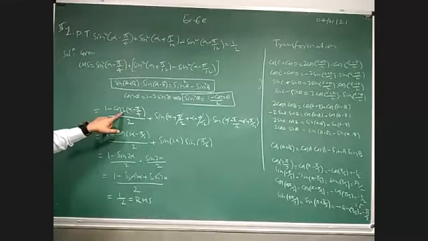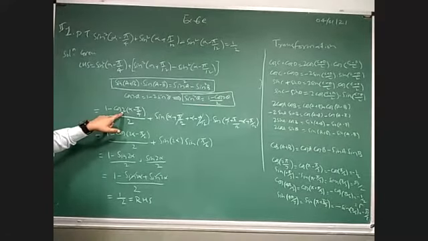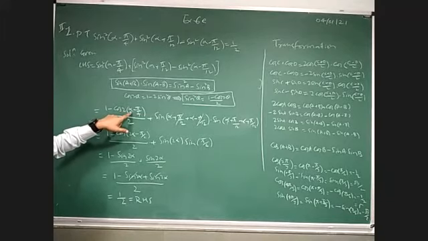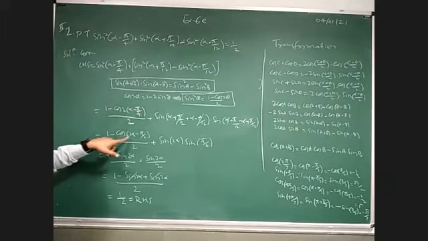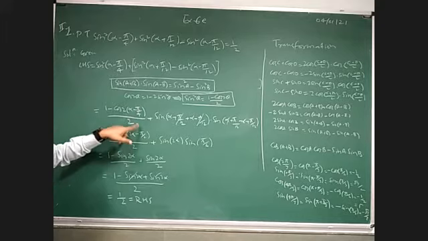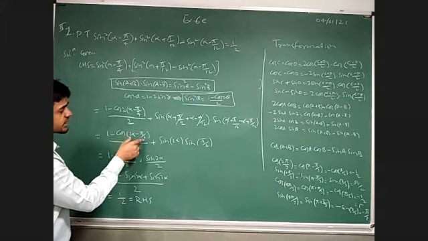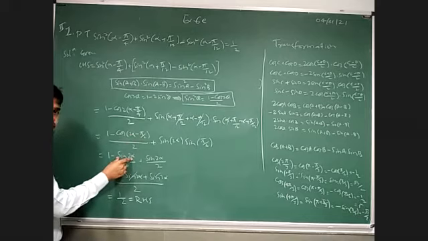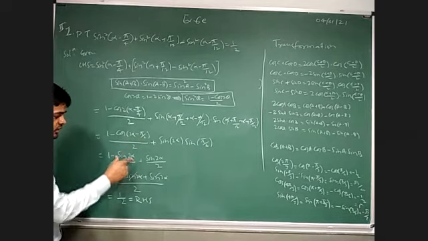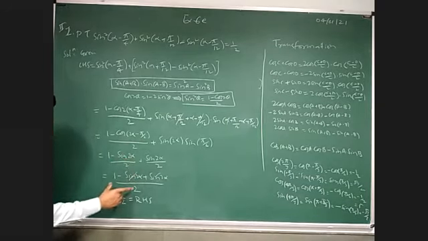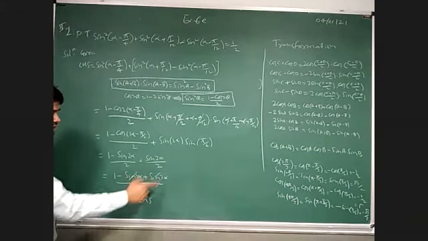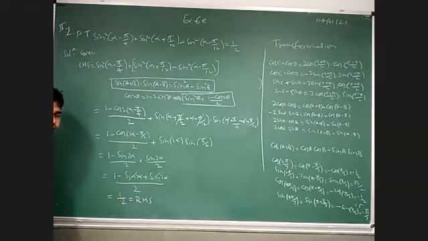Now the 2 will multiply alpha and pi by 4, so it will be 2 alpha and pi by 2, and cos(2 alpha minus pi by 2) is nothing but sin 2 alpha. Now just take LCM, sin 2 alpha and sin 2 alpha will get cancelled, so here we will have 1 by 2.